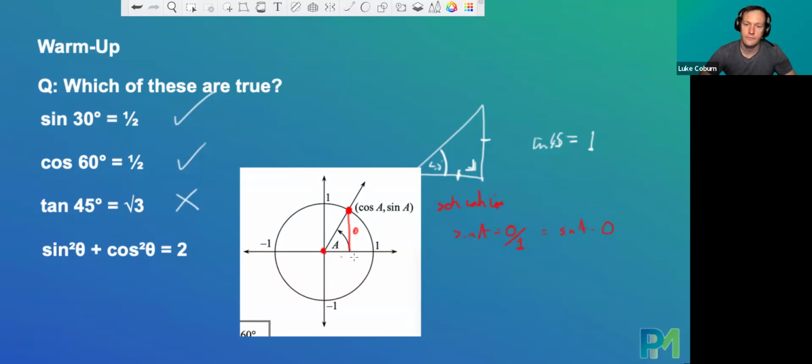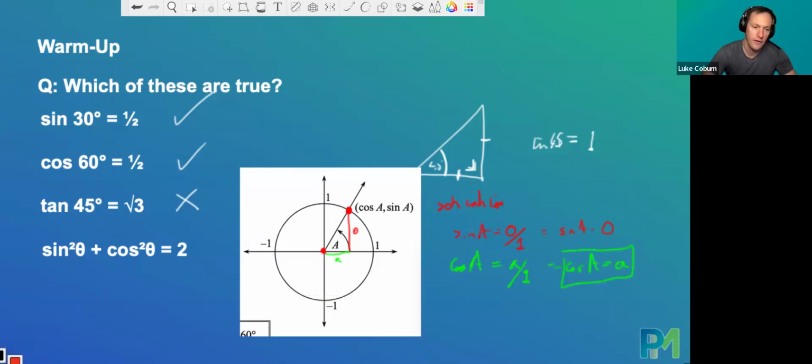And let's say this is the adjacent here. Cos of A is equal to the adjacent over the hypotenuse, which is equal to 1. And that tells us that cos of A is equal to the adjacent. This is cos of A, and this is sine of A.